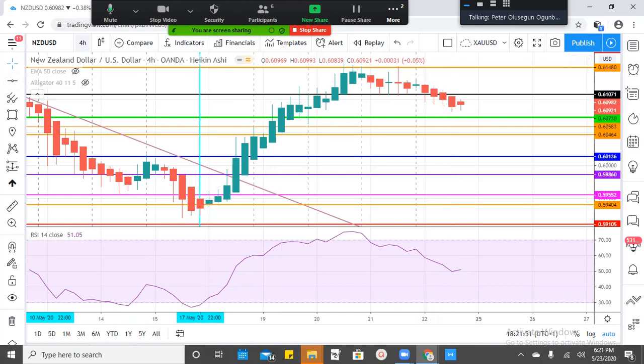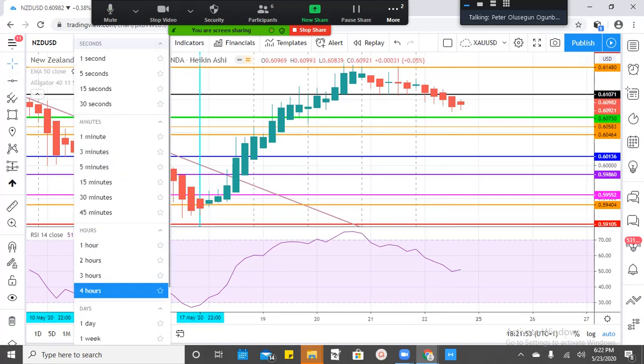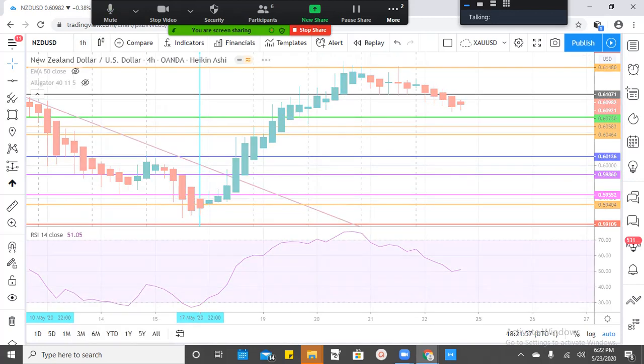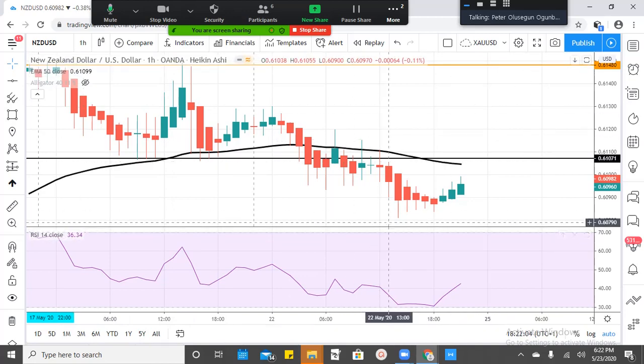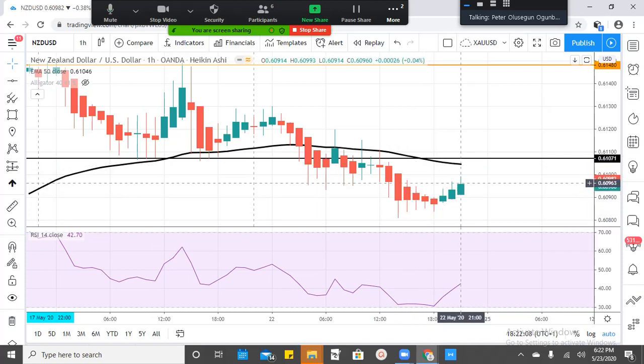And if you look at EMA 50 at 1 hour, you can see at 1 hour the price is actually below it. So we are having a pullback at the moment.